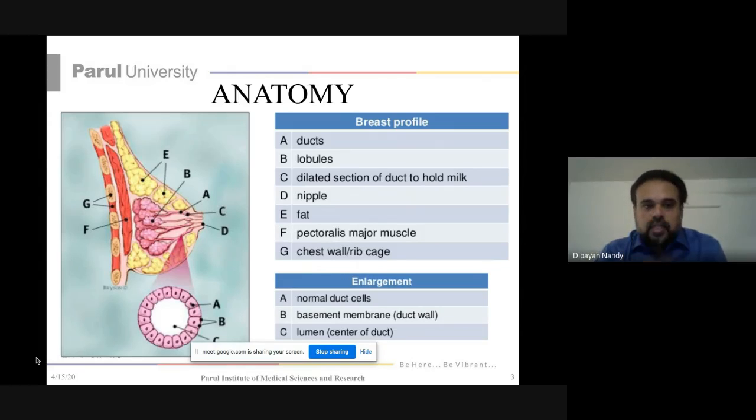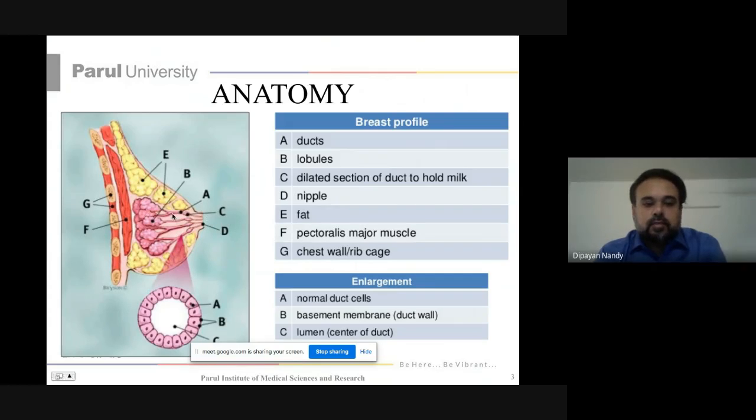In this lateral gross cut section of the breast, it basically consists of a lot of fat and supportive tissue, and the glandular tissue, which has a lot of alveoli or lobules and the ducts. As labeled here, the ducts lead to the lobules or alveoli where the milk is actually produced. Those then converge into the nipple and the nipple areolar complex, from which the milk is expressed externally.